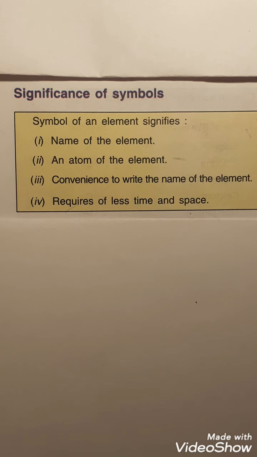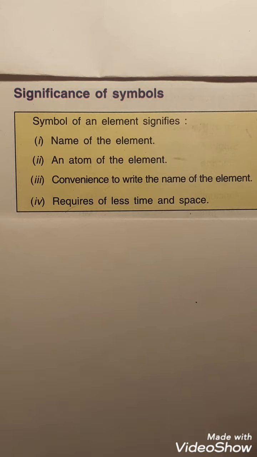Students, why are symbols important? Symbols represent the name of the element. They tell the atoms of that particular element. You can write the name of that element by looking at the symbol, and symbols require less time and space.